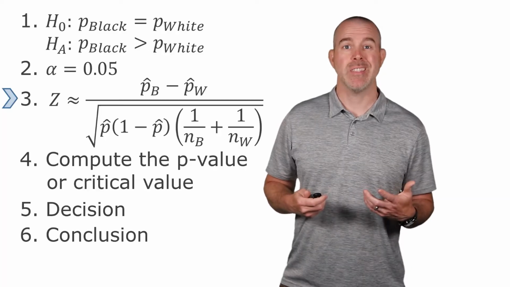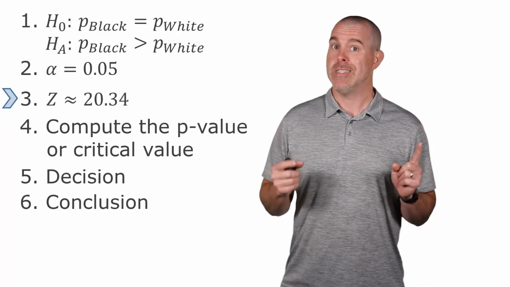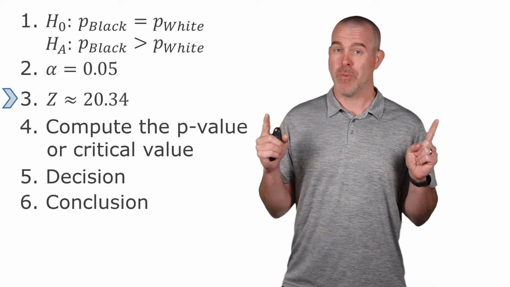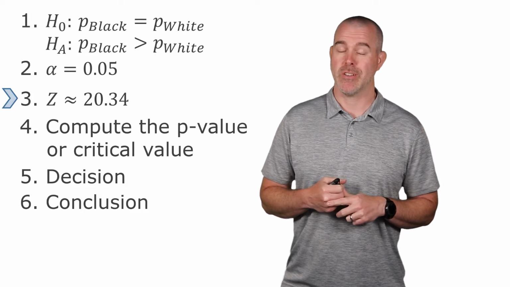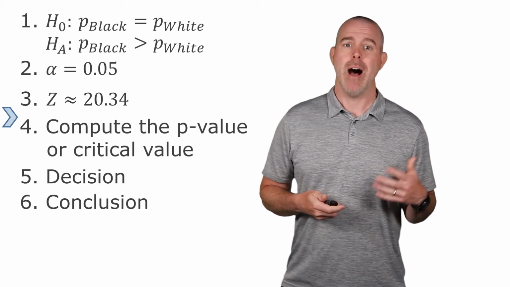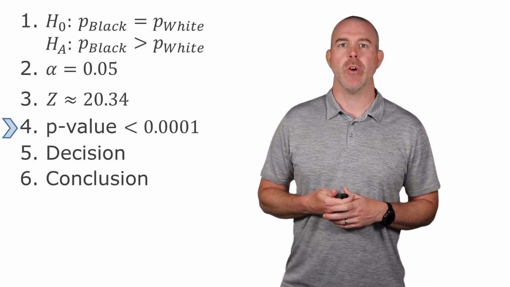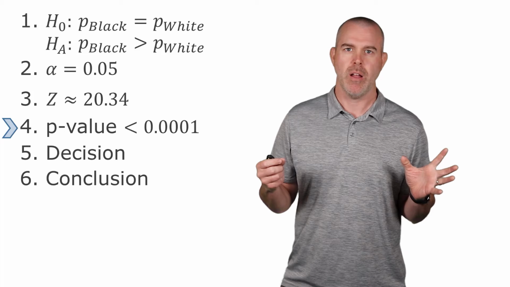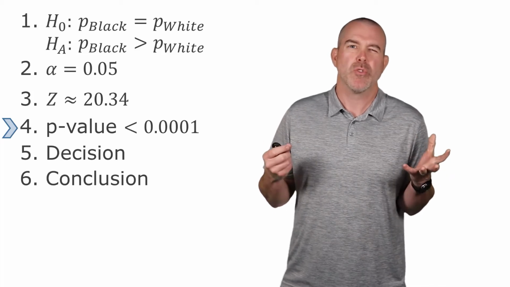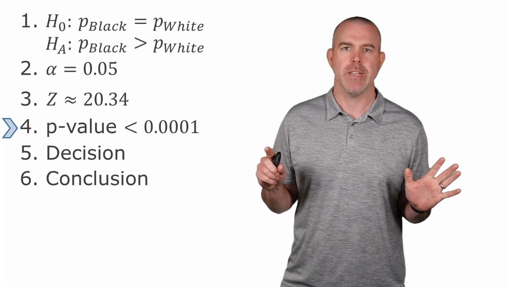Then we can see our z is really big here, 20.34. Remember, almost 100% of z's are between -3 and 3. That's the number of standard deviations, so this is really, really big. That means our p-value is going to be less than 0.0001. Remember, we don't put 0 here, even though the probability is so small it's essentially 0, there's never truly a probability of 0, so we don't go further than 4 decimal places.